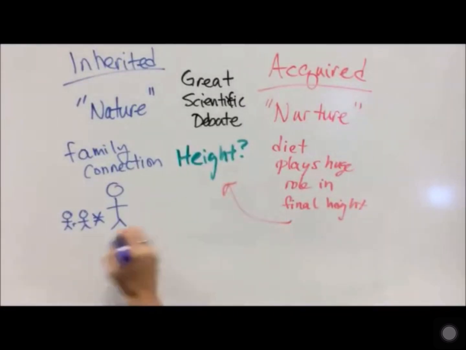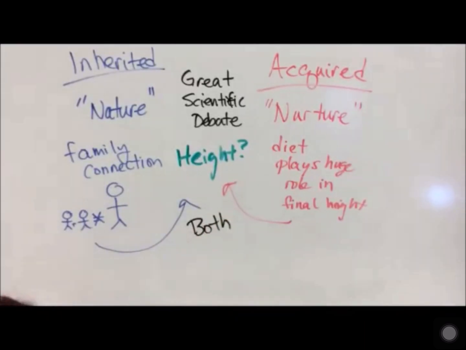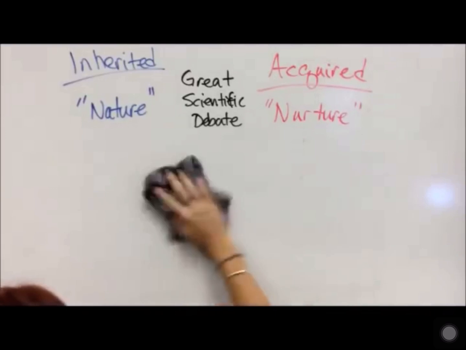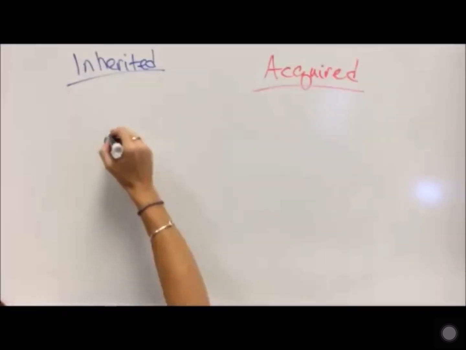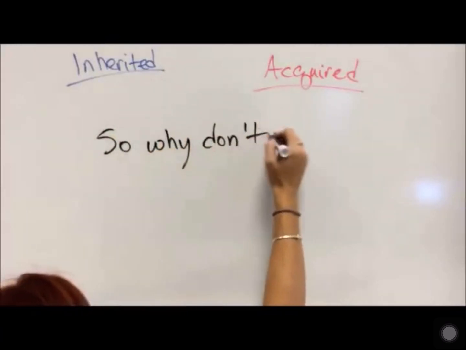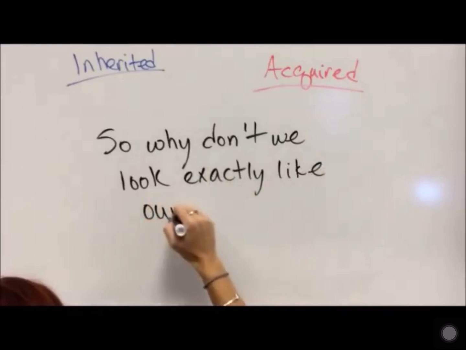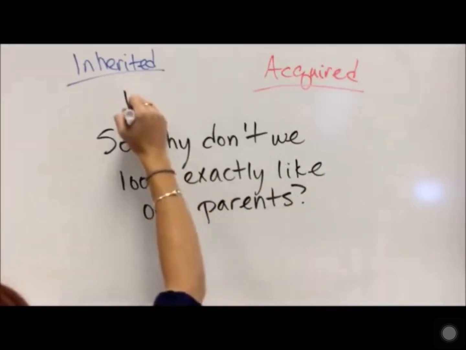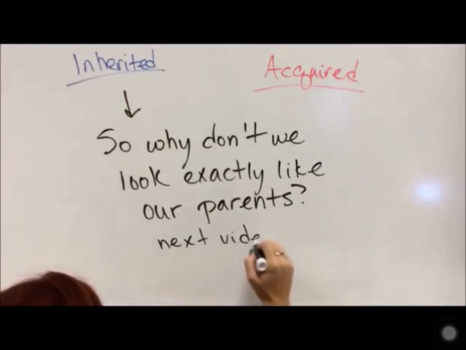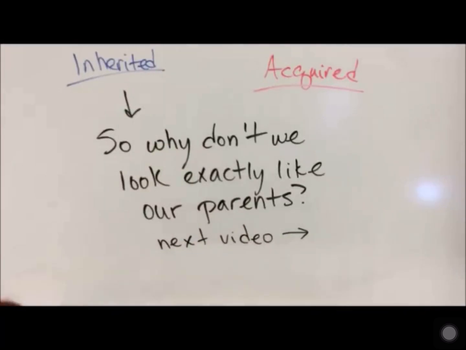We see now that generations have children taller than themselves because good nutrition helps you to maximize your genes. But you can eat all the food in the world that you think is going to get you tall, and you're only going to reach whatever your maximum genetic potential is. So then, why don't we look exactly like our parents? Because none of us do, and that is in our next video.